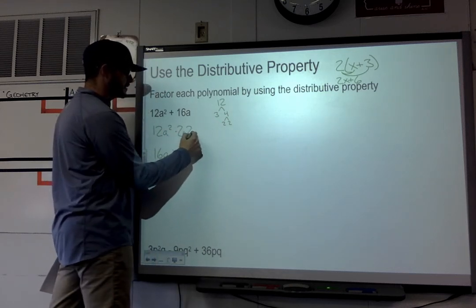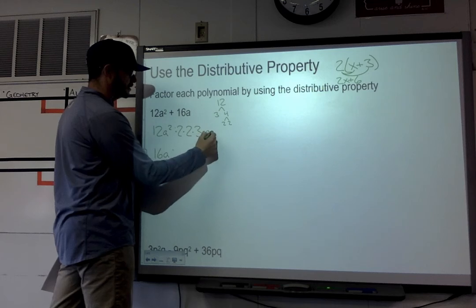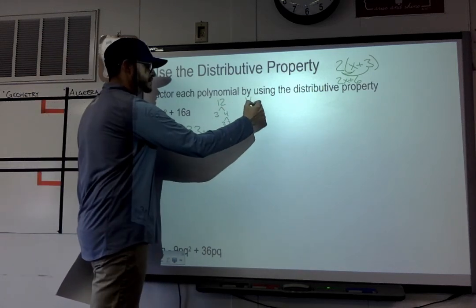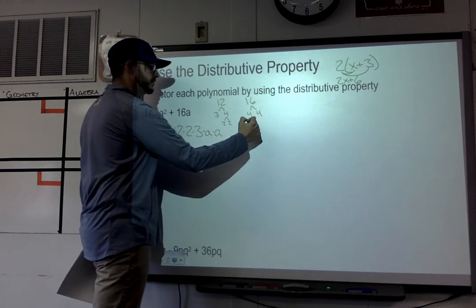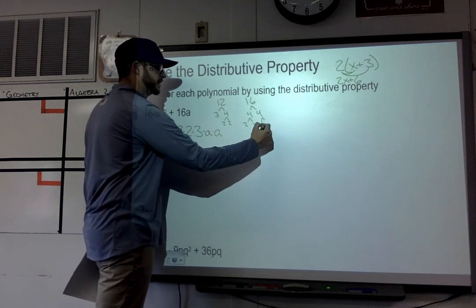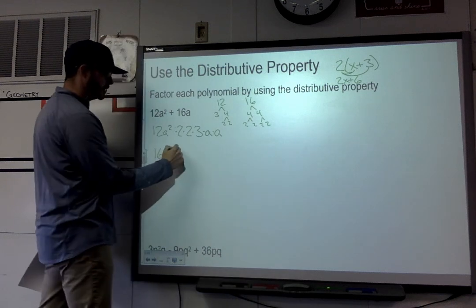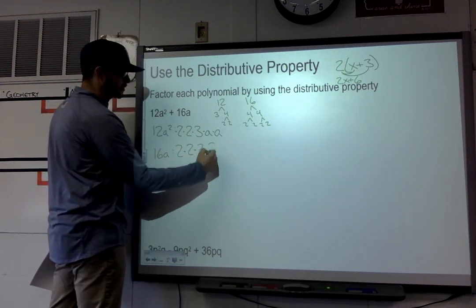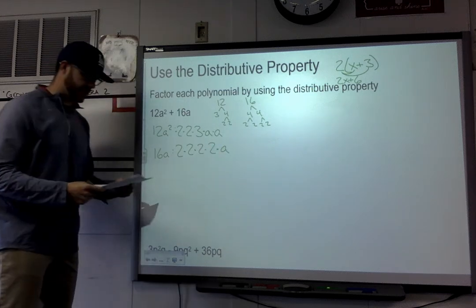So we've got 2 times 2 times 3 times a times a. Then 16: 4 times 4, those each break into 2 times 2. So we're going to have 2 times 2 times 2 times 2 times a.